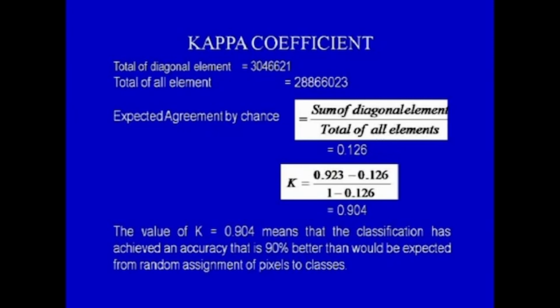That is, it says that the classification has achieved an accuracy that is 90% better than would have been expected from random assignment of pixels to the classes.